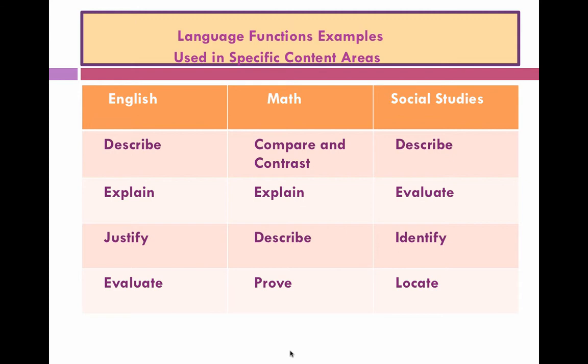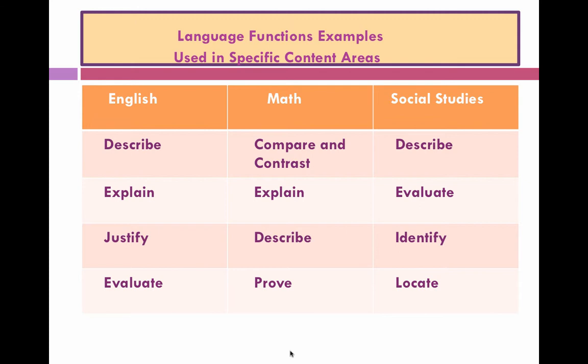Here are language function examples used in specific content areas. There are 3 columns. Each column pertains to a content area. The first column pertains to the content area English. The second column pertains to the content area Math. The third column pertains to the content area Social Studies.